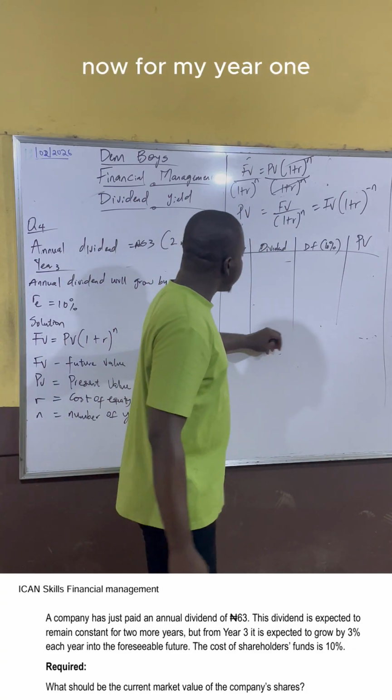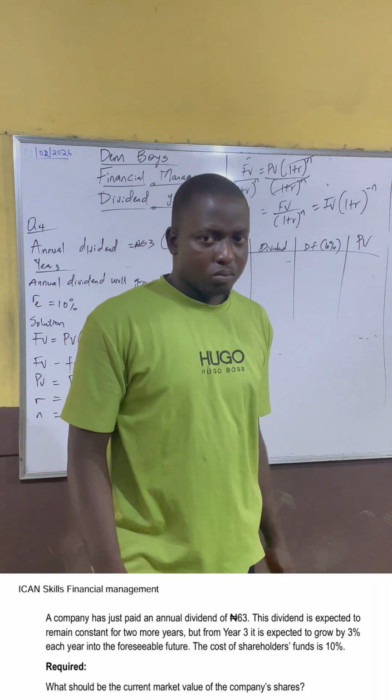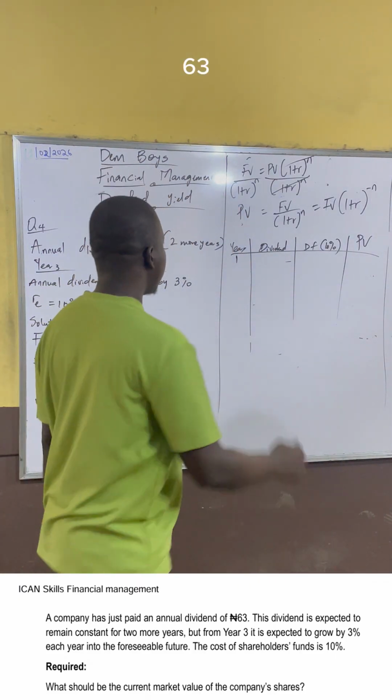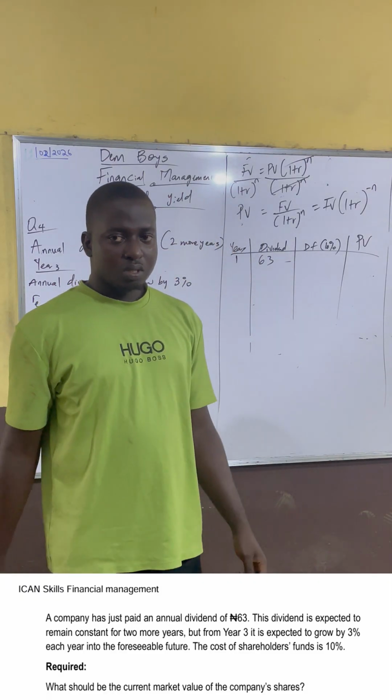Now, for our year 1, what is our dividend for year 1 from this question? 63. What is our dividend for year 2?